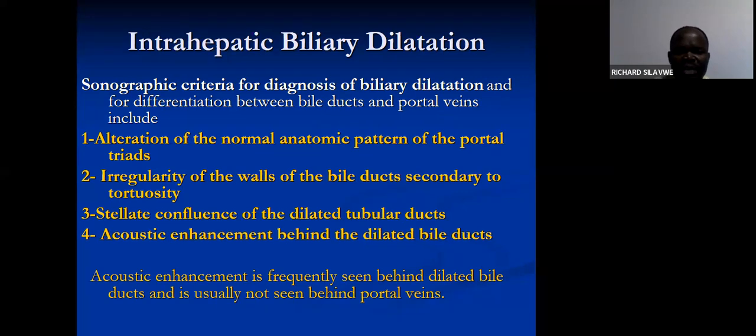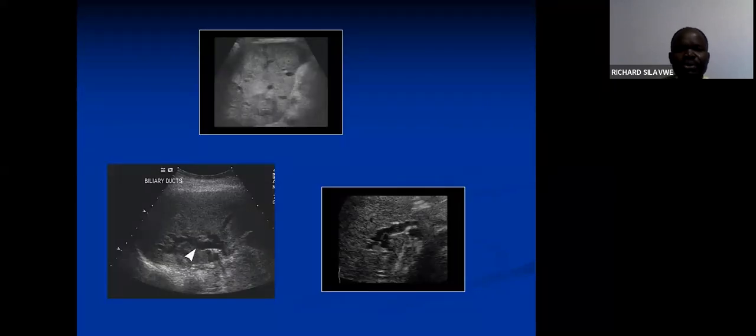Acoustic enhancement is frequently seen behind the dilated duct and usually not seen behind the portal veins. We can see these images showing the dilated duct and the enhancement behind it. All these are images showing the dilatation of the intrahepatic duct.